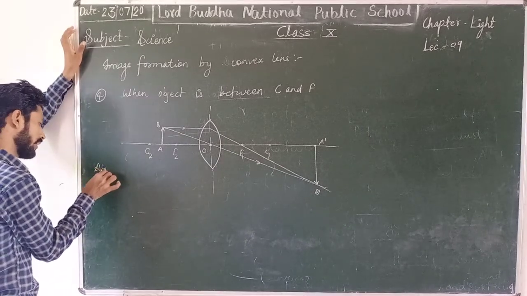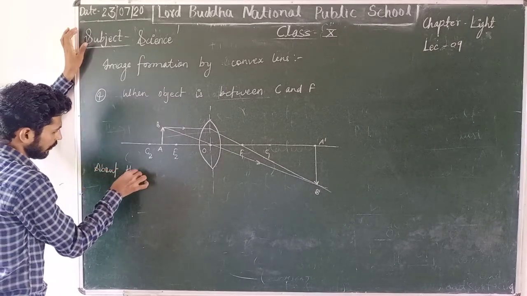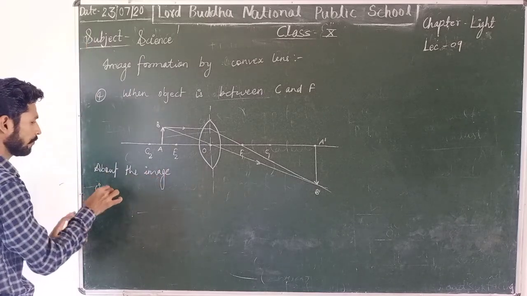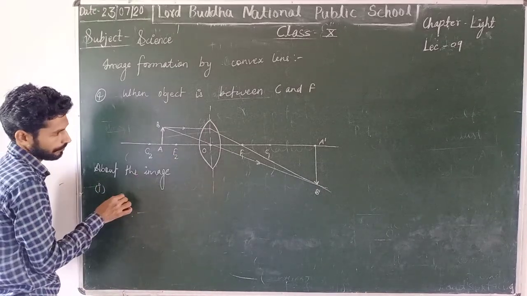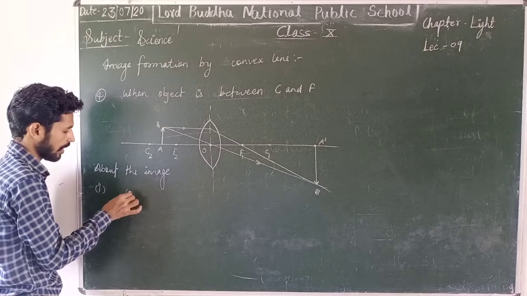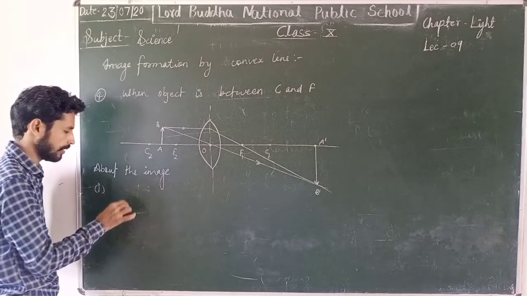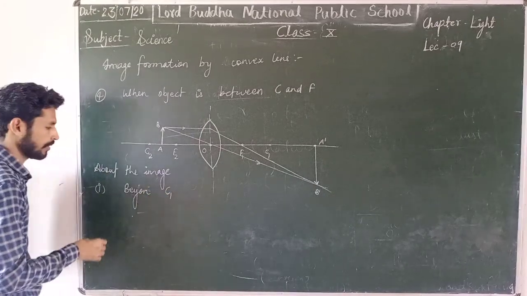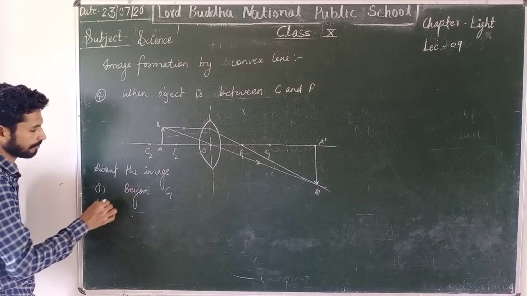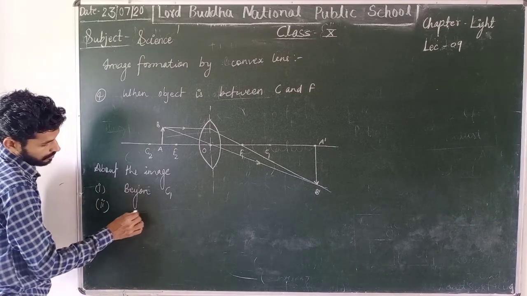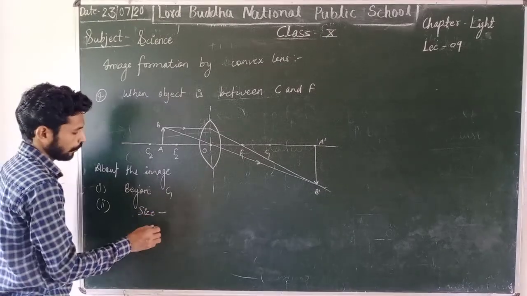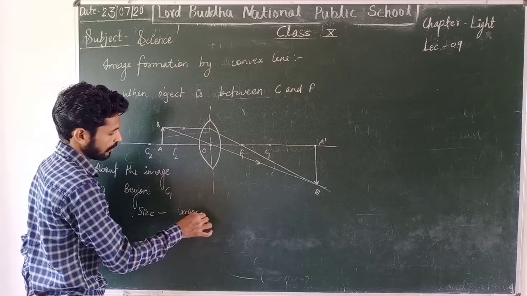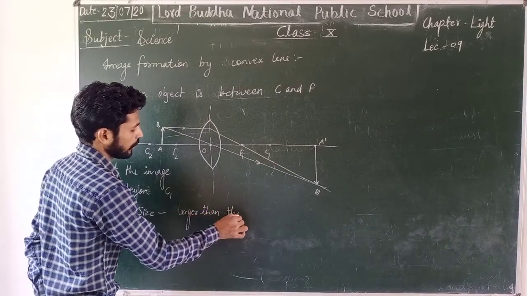So I want to write here about the image. Point number first is position: outside, otherwise we can write beyond C1. Second point is that size is larger than the object.